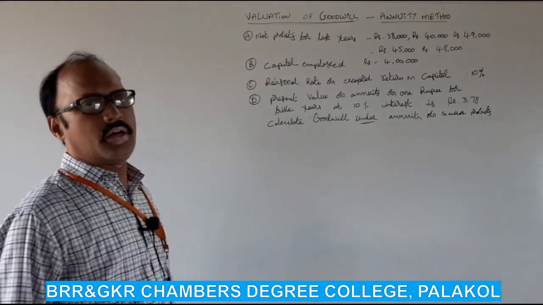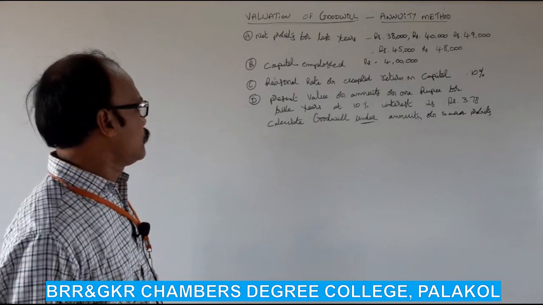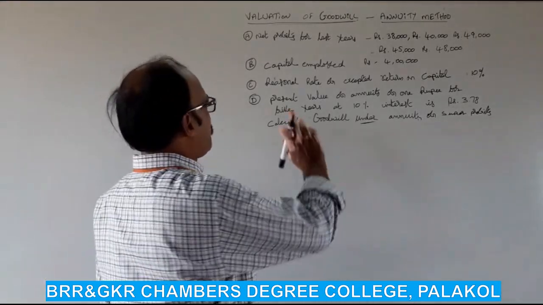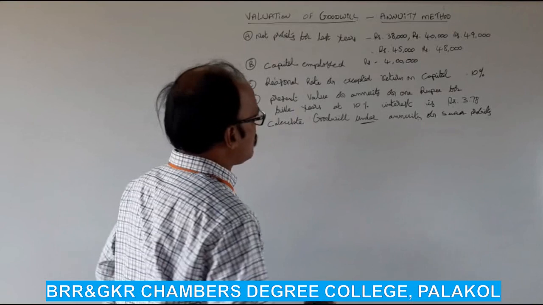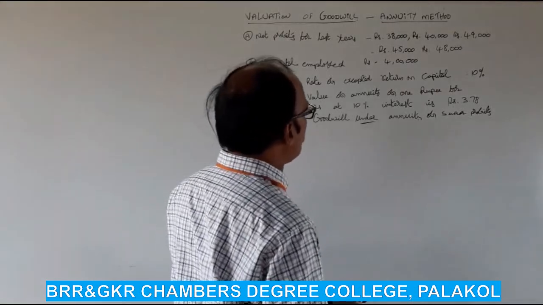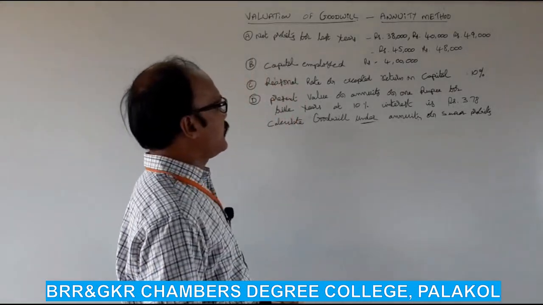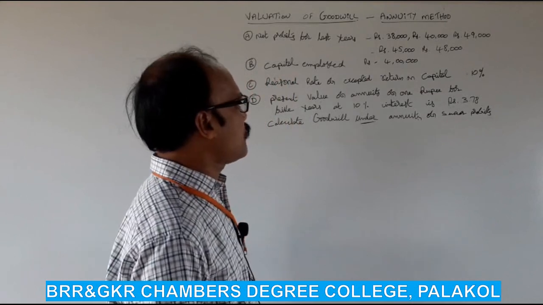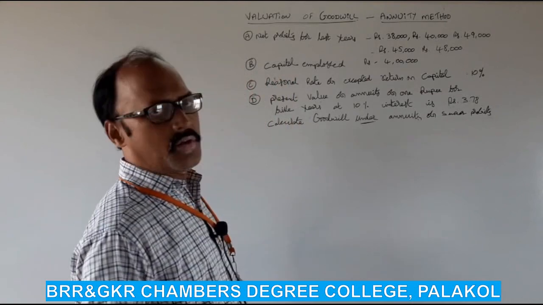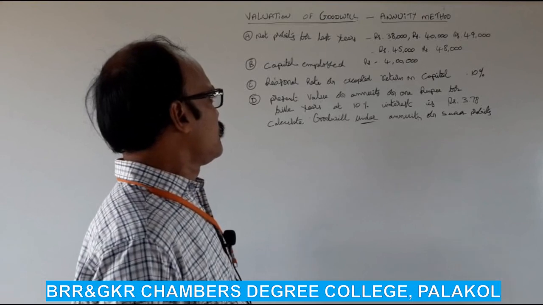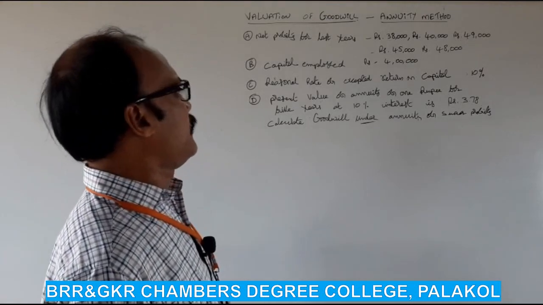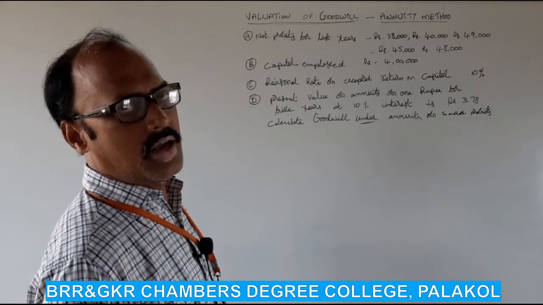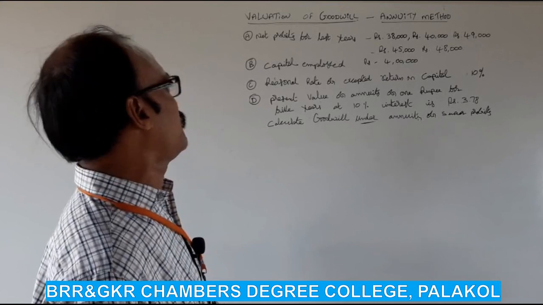Valuation of goodwill under annuity method. Net profits for last 5 years: first year profits 38,000, second year profits 40,000, third year profits 49,000, fourth year profit 45,000, and fifth year profits 48,000.